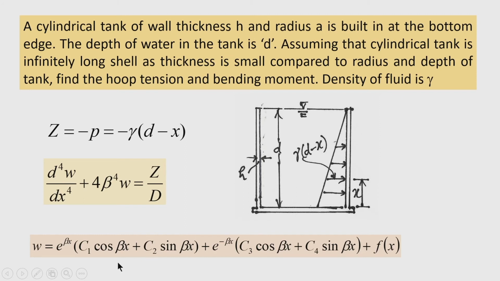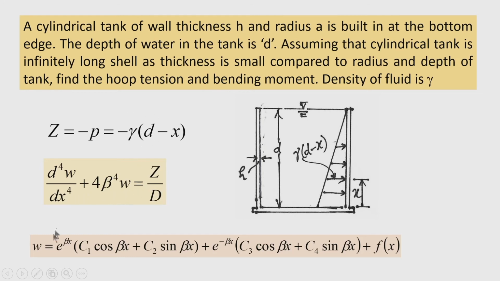The governing differential equation of this shell now can be written as d to the power 4 w divided by dx to the power 4 plus 4 beta to the power 4 w equal to minus gamma (d minus x) by D. Instead of z, we can substitute this quantity.